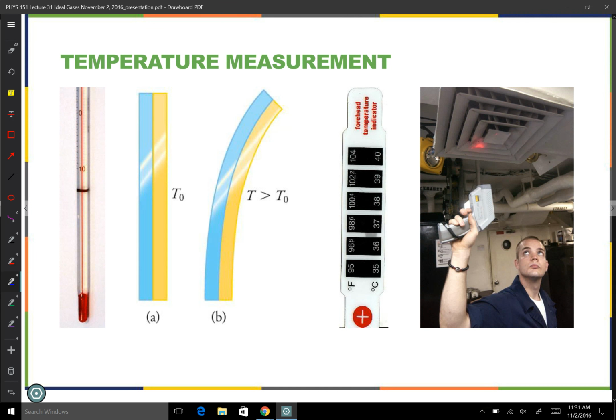This third one I have shown, has anybody ever used one of those things? They'll put it on your forehead. You have temperature reactive polymers that change color at different temperatures. You put that on and it changes to the color that matches your temperature, and so you can get the temperature.